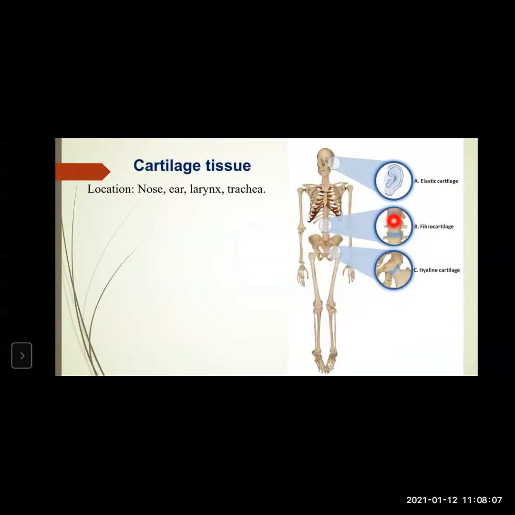This blue structure that you see here is a fibrocartilage. In between each vertebra, at each joint, everywhere you see cartilage tissue. Nose, ear, larynx, trachea. Larynx and trachea are in the neck region.